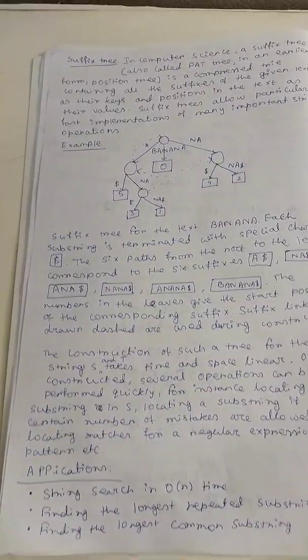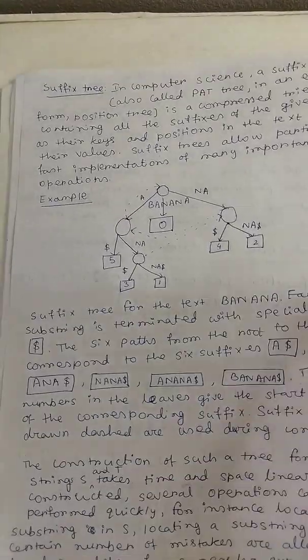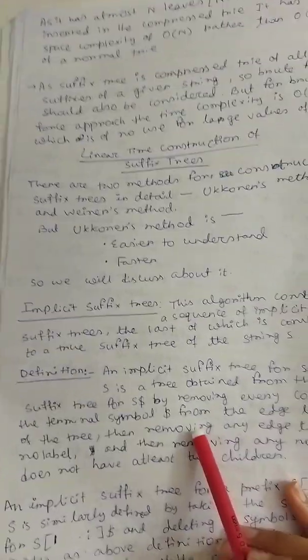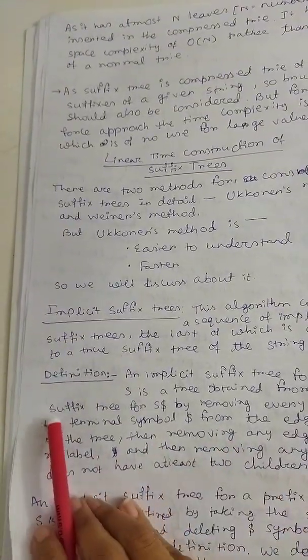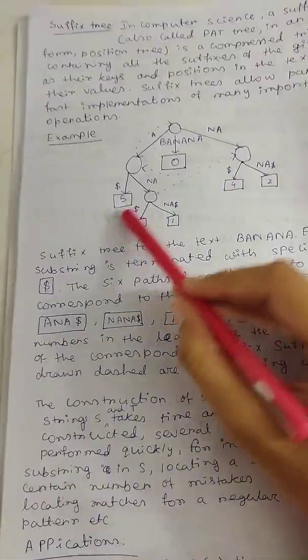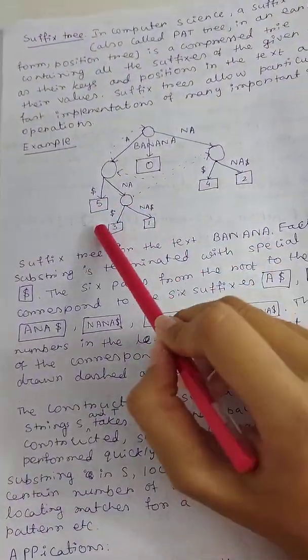So here let's look at the suffix tree. According to our definition, first it will remove every copy of the terminal symbol dollar.